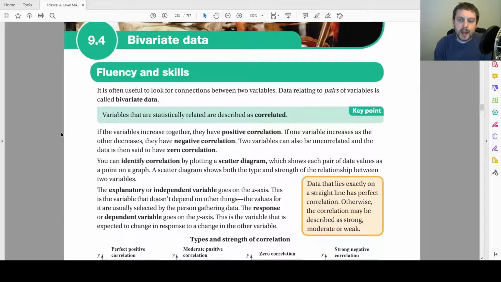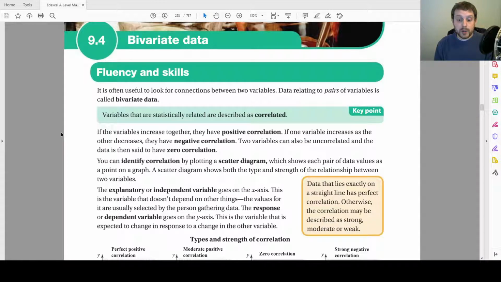So again, back at GCSE, you would have had scatter graphs where you've got basically two bits of information that are common to one thing, and so one measure goes along the x-axis, one measure goes up the y-axis, and then you get a point for that person. So it could be like a student.